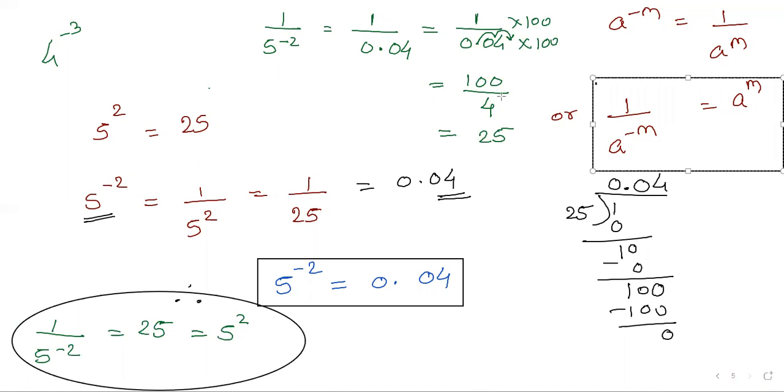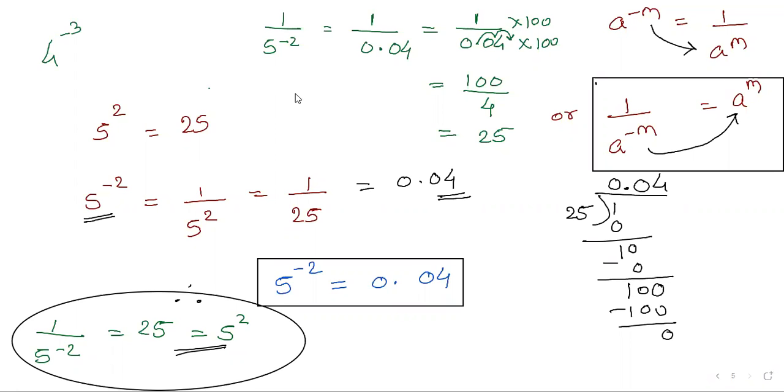Negative power at the denominator goes to the numerator and becomes positive, or else negative power at numerator comes to the denominator and becomes positive. Are you understanding what I'm trying to say now? I have proved that 1 upon 5 raised to minus 2 is actually equal to 5 square. Yes or no?